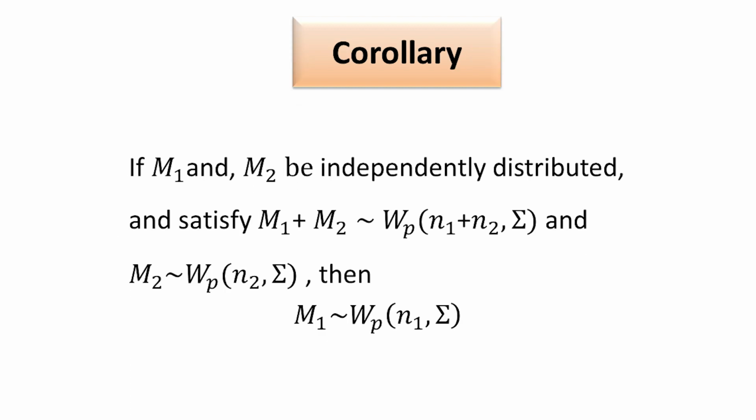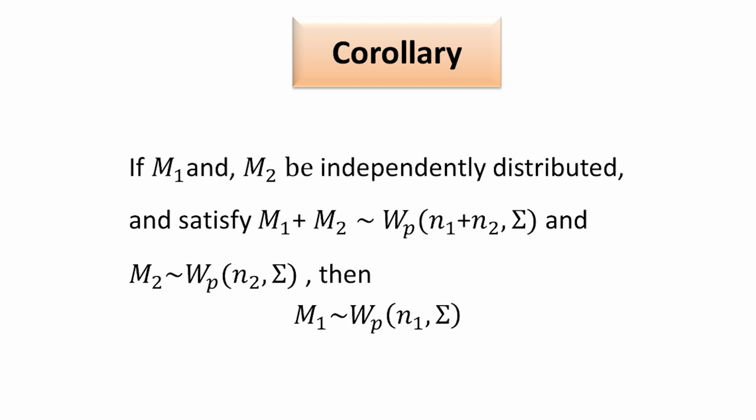Again, in the univariate setup, if x1 and x2 are independently distributed, and it is known that x1 plus x2 is distributed as chi-square with n1 plus n2 degrees of freedom, and x2 is known to be distributed as chi-square with n2 degrees of freedom, then x1 will be distributed as chi-square with n1 degrees of freedom.